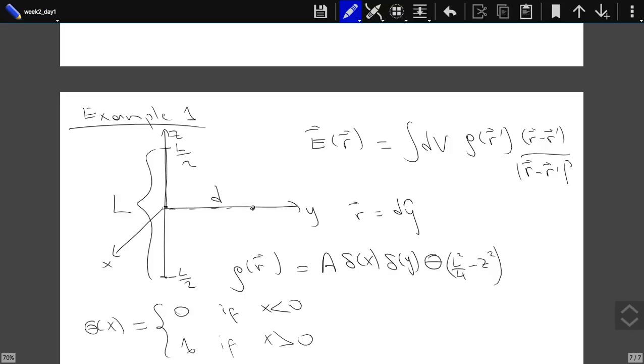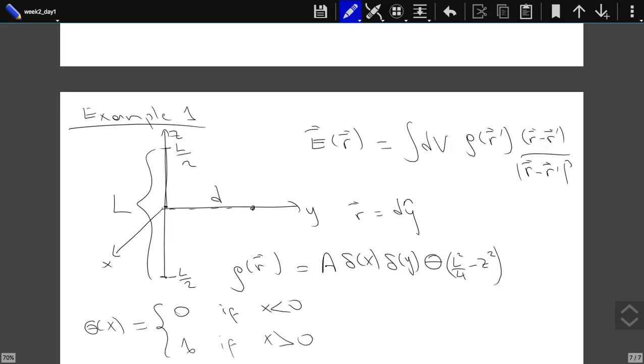So if you remember how we defined this rho of r, we said that just take a very small volume around the point r, calculate the total charge in that volume, divide by the volume. If I imagine some small volume over here, it doesn't have any charge, so rho should be 0.